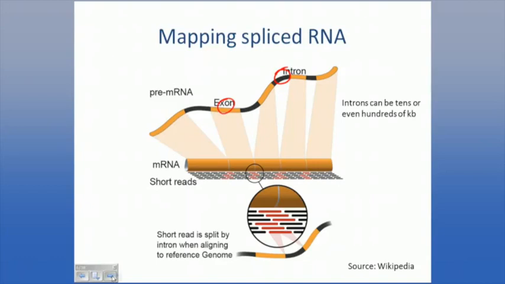Short reads can map entirely within an exon, or between exons and over an intronic junction. The reason that mapping this computationally can be tricky is that these introns, these black sequences, can be tens of or even hundreds of kb long, which makes the mapping problem quite difficult.